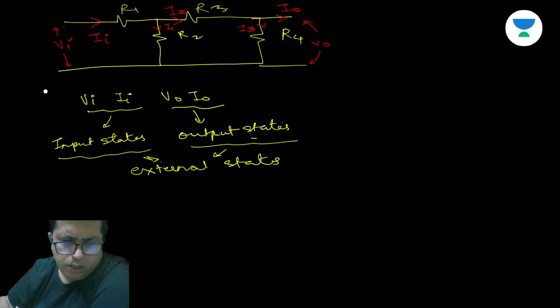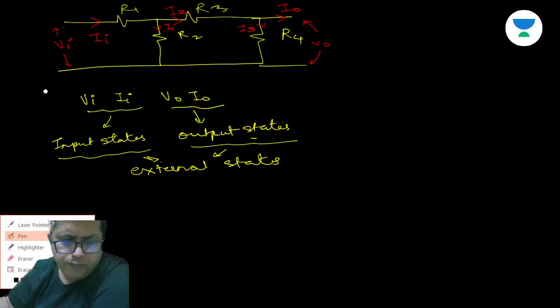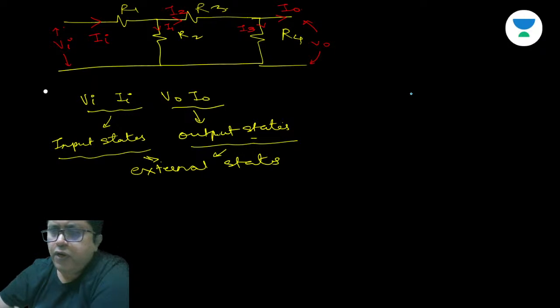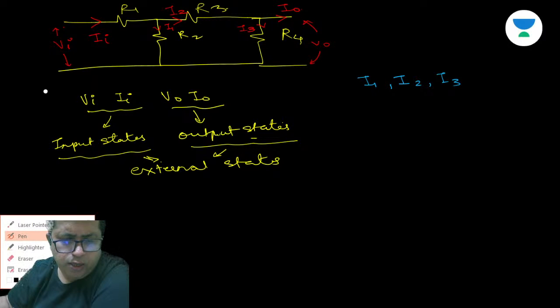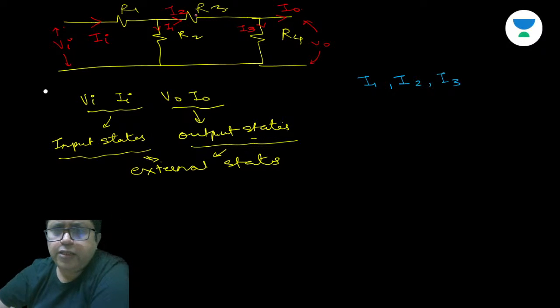Now let us consider the currents I1, I2, I3. Let us say this voltage is Vx.